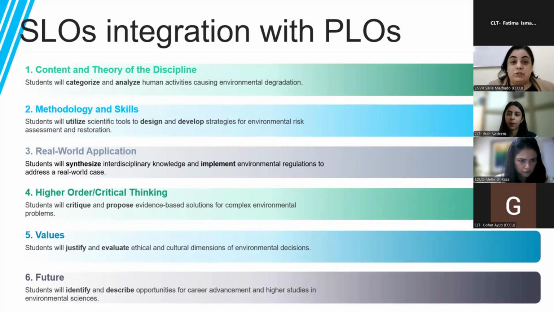So that's why I chose this course, that we needed to integrate all 6 areas for the different PLOs that we have and that are required for the assessments. So content and theory, and I'm already going to overlap with Dr. Mussarat, who is going to talk.